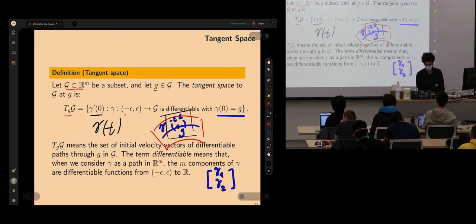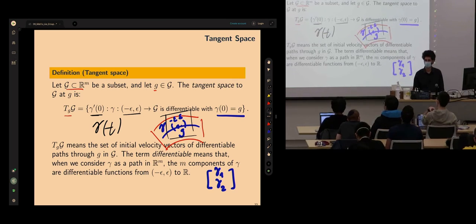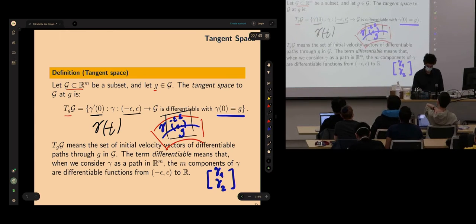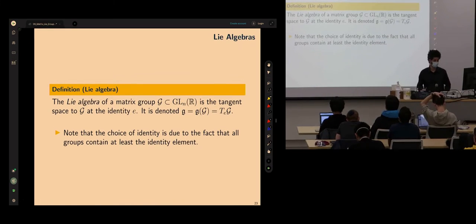T varies between minus epsilon and epsilon, such that when t equals 0, we are at that point. This is the same thing that you might have seen in your calculus course when you parameterize a line or surface with a t. So that's the general definition of the tangent space.